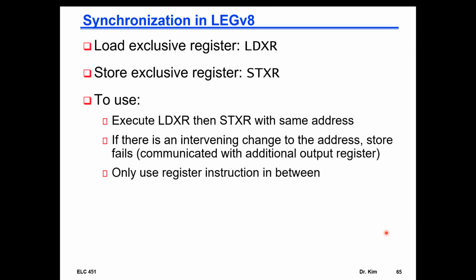And if there is a change to the address, that instruction is going to fail, and that is communicated via some output register, which is really a status register.